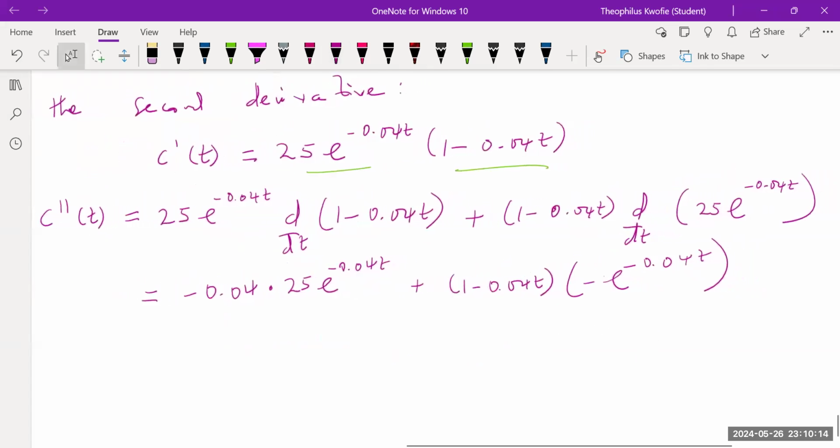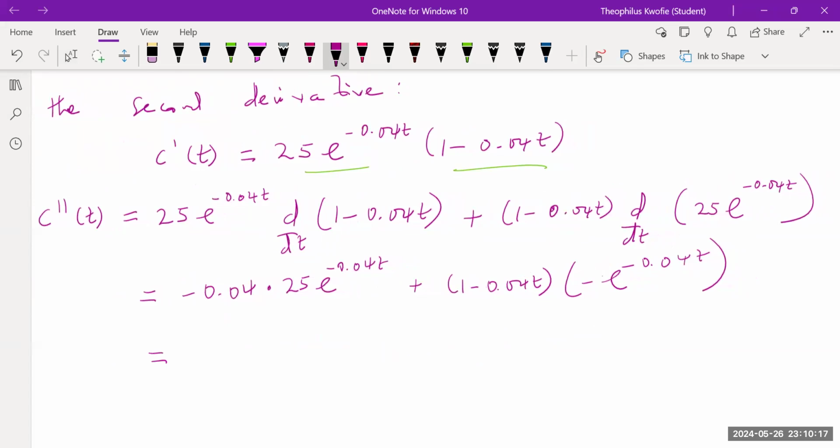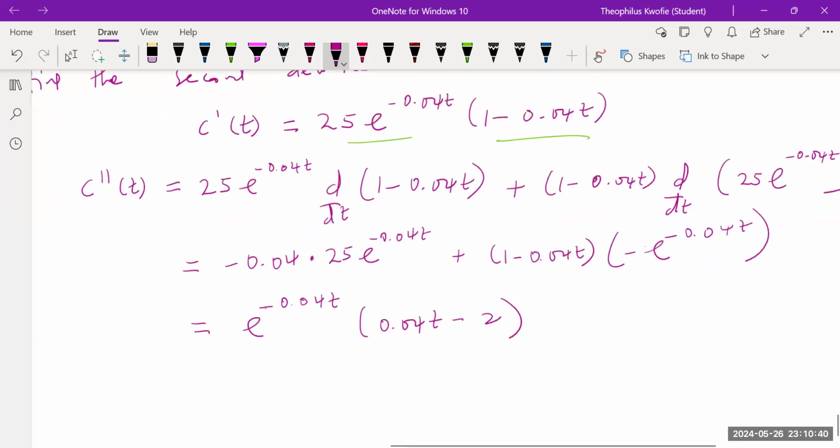In all, when you simplify it a bit, fish out this, and that should give us e to the power 0.4t, and 0.4t minus 2. Is that okay?